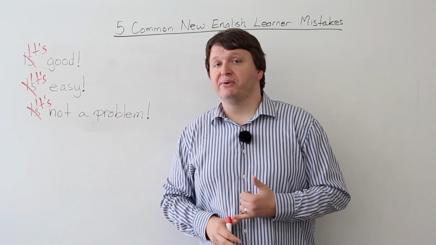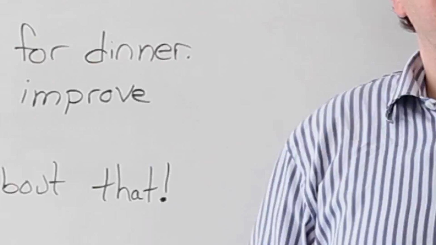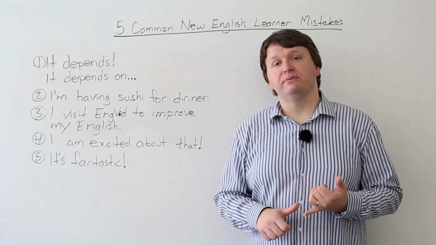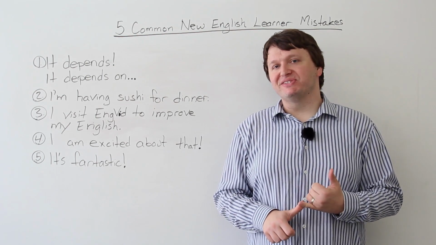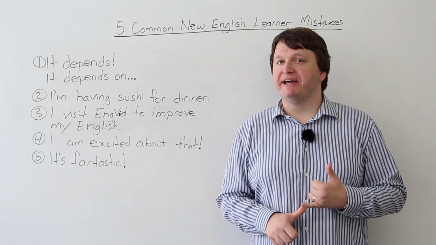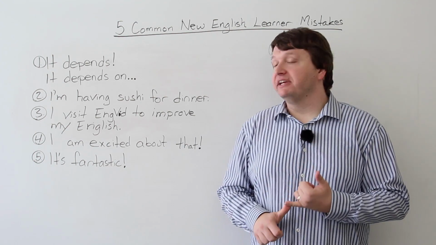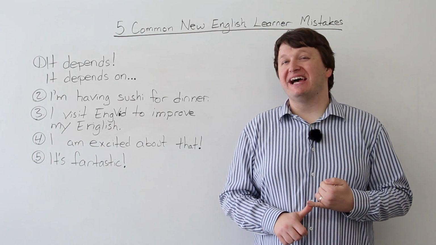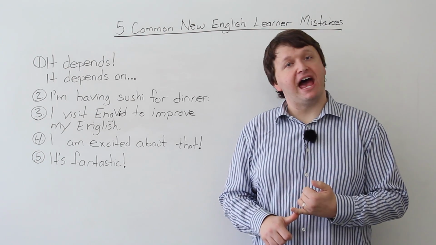All right, guys, so let's review these 5 common new English learner mistakes. Okay, so number 1, we say it depends or it depends on. We don't say it's depend or it depends of. Number 2, we say I'm having sushi for dinner, not I'm taking sushi. Okay, so anything with food, use the verb have.